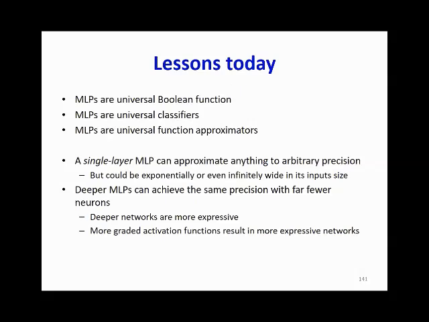And so the capacity of your network is going to be a function of the depth, the width of each layer, and also the specific activation function that you use. And regardless of the choice, if there's a limit on the size of the network, there's always a limit on the complexity of the function that it can model. And there are some functions that it can simply not model with an error of less than 50% or so.